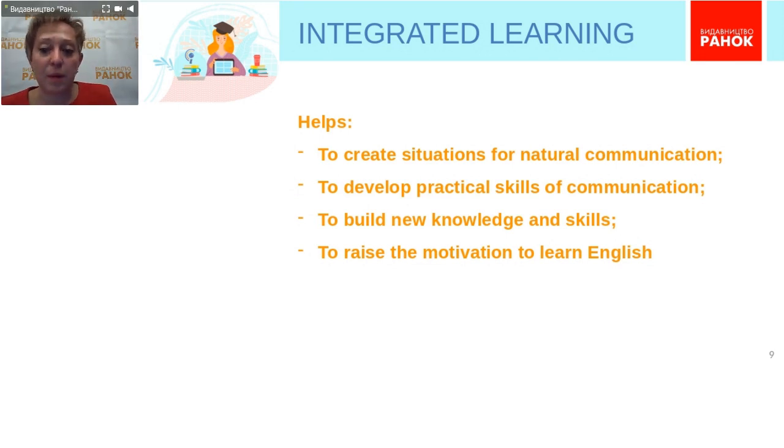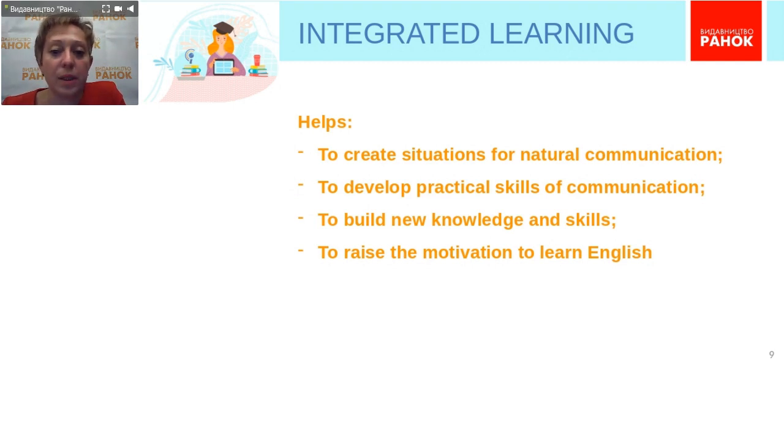We give them different tasks, something like making up dialogues, talks on the phone with parents, with friends, and even role games help to create these situations. We develop practical skills of communication with the help of creating different kinds of situations.